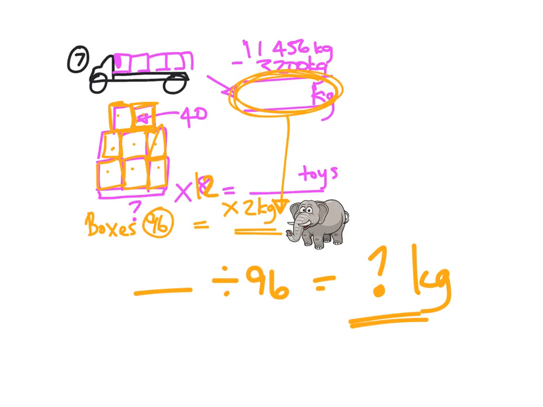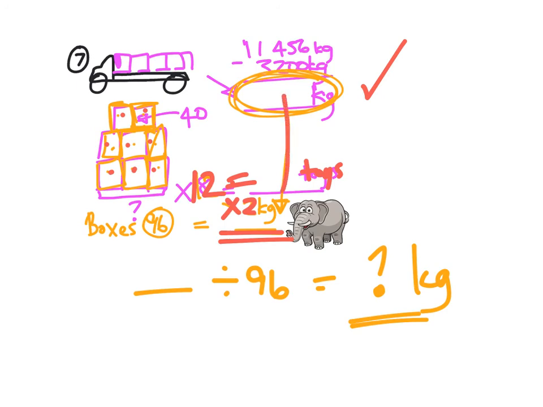Okay, I'll just quickly run through it again since I made a mess of it. A takeaway to get the weight which is on the lorry. Okay, we've got 8 boxes on one pallet, times 12, that's going to tell you the number of toys that you've got. Each toy is worth 2 kilograms, so that will tell you what the weight of the toys is.